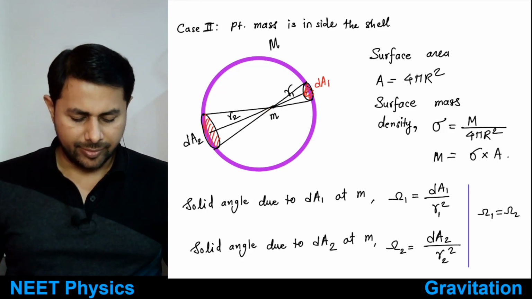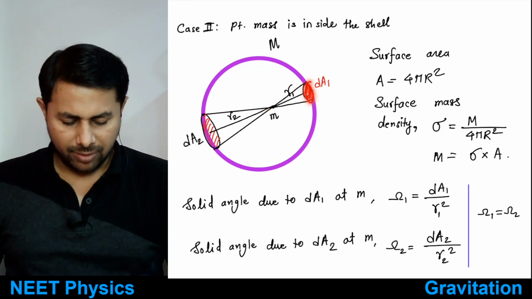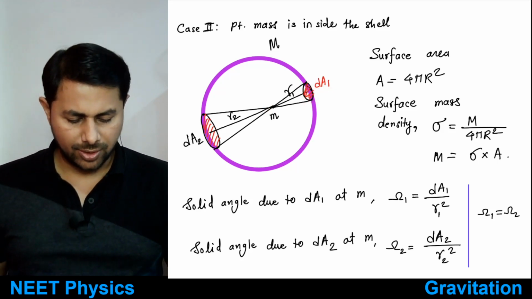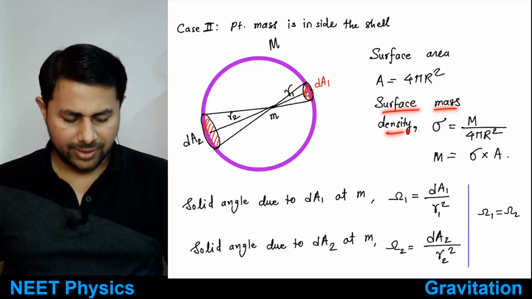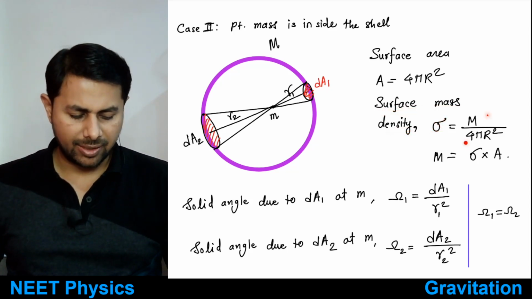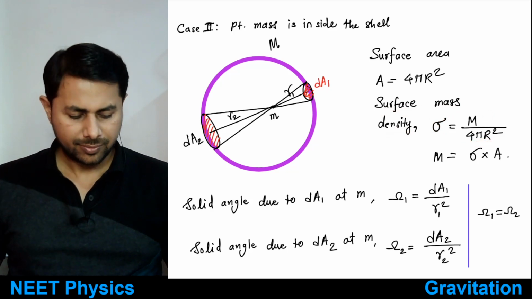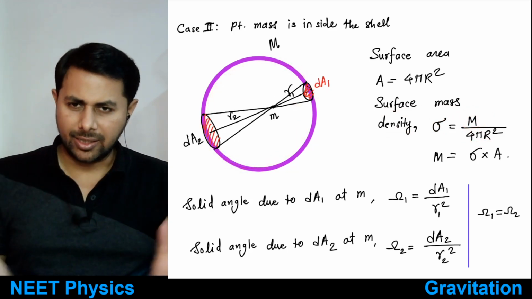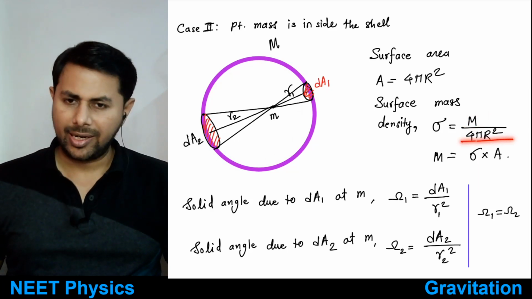See how. Now there would be some mass of this area dA1. If you take the surface mass density, sigma is the surface mass density, it is M divided by 4 pi r square, that is, total mass divided by the total surface area of the sphere, which is 4 pi r square.